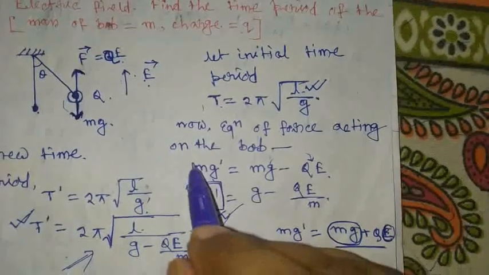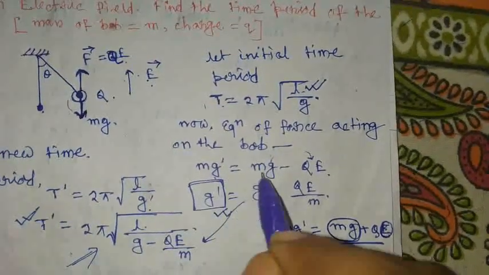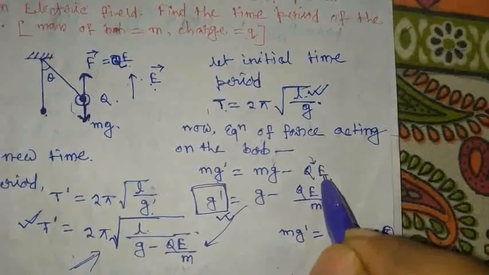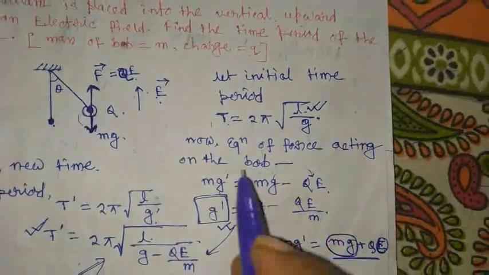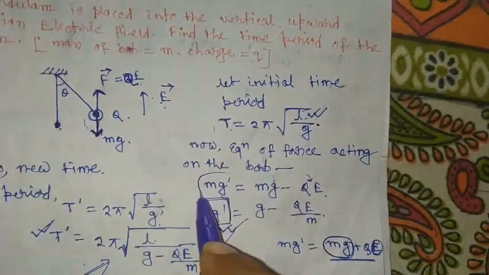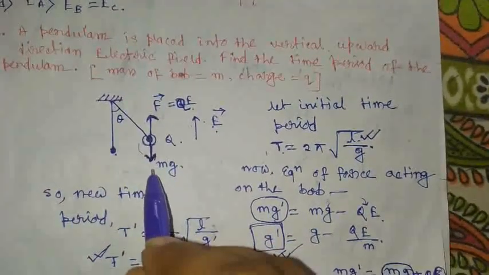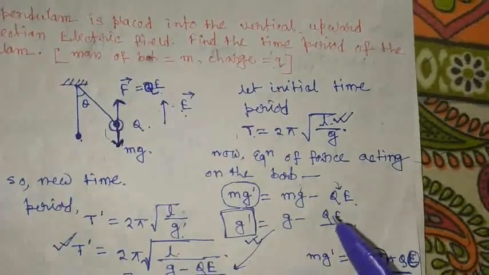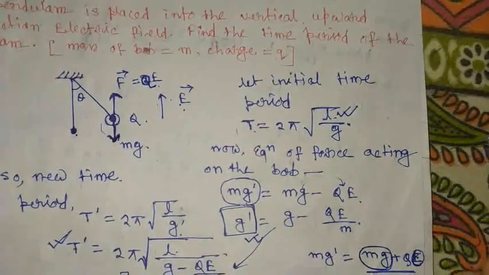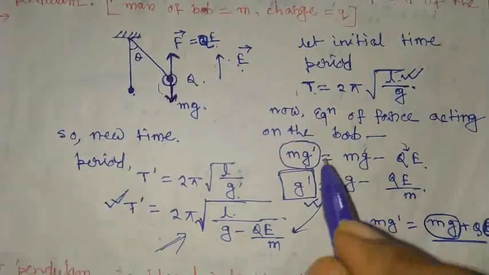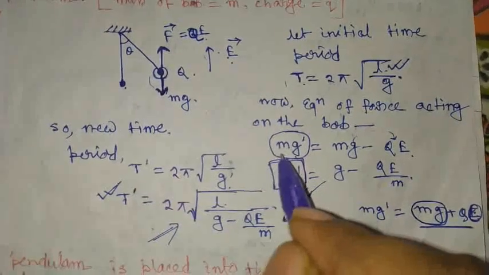So the net force will be written in this form, mg prime equals mg minus QE, and we have denoted the resultant force as mg prime because the dominating force here is mg. So we can easily write the resultant force in this manner, mg prime.